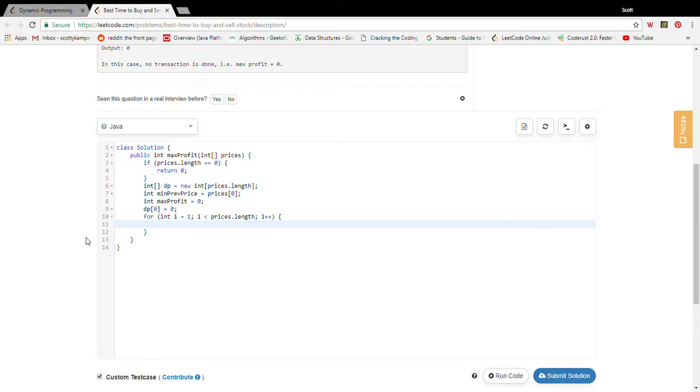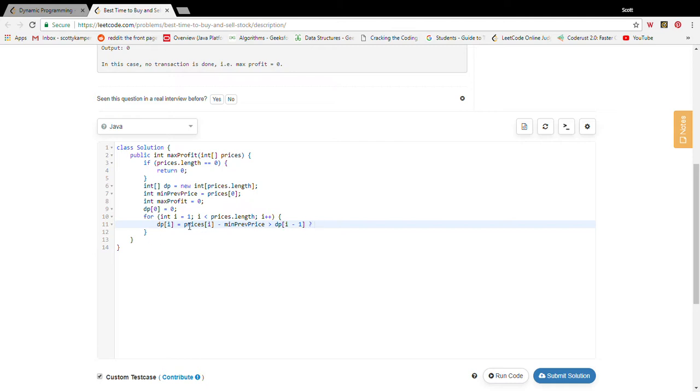Now remember, we came up with that recurrence, and here we're going to implement the recurrence. So dp of i, which is the maximum profit on day i that we can earn, is equal to, well, if prices of i, the price of the stock at day i, minus the minimum previous price we've seen, is greater than the dynamic programming solution at i minus 1. Now remember what this is saying.